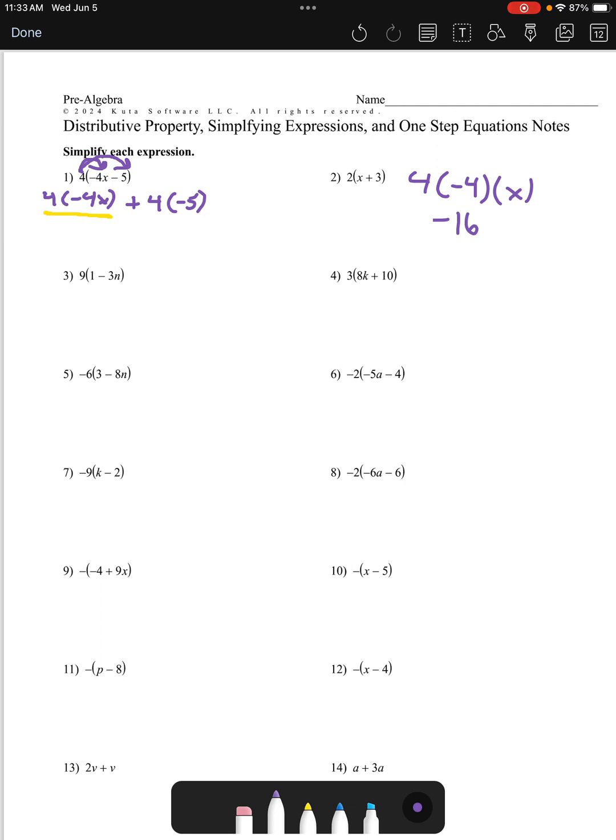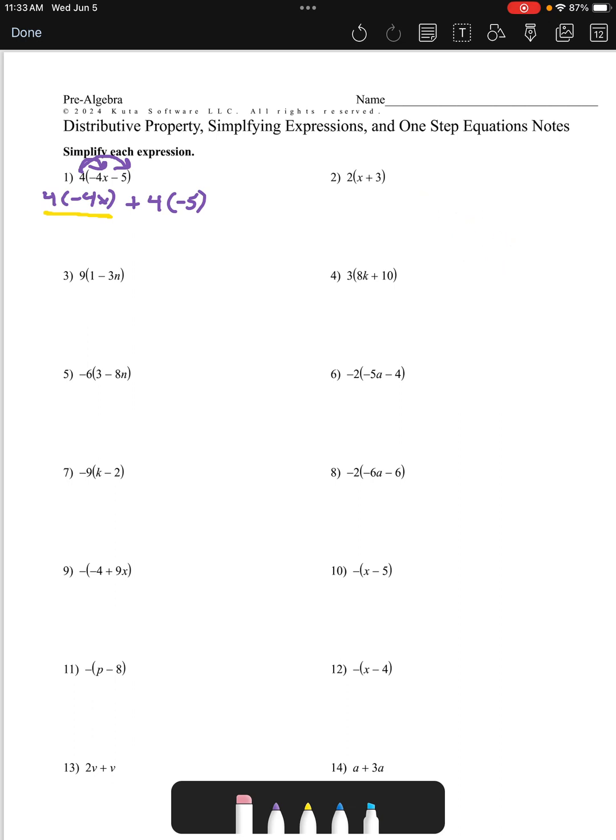They have different signs, so our product is negative. So that gives us negative 16 times x. And as we hopefully recall from the very first lesson, we never write the multiplication of a number and a variable with parentheses. We just write negative 16x.